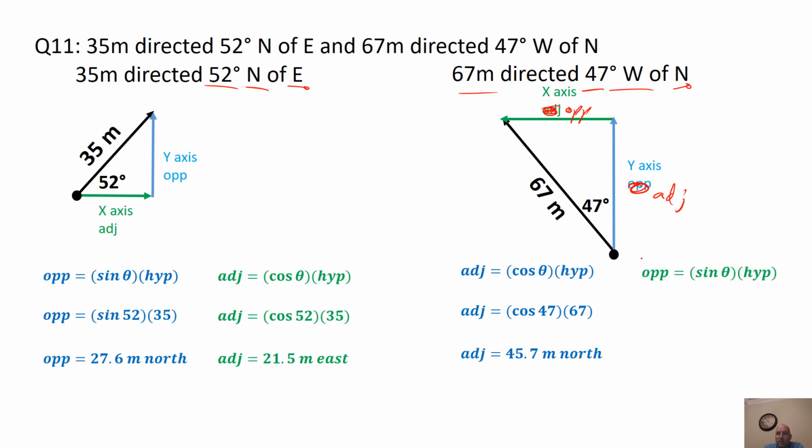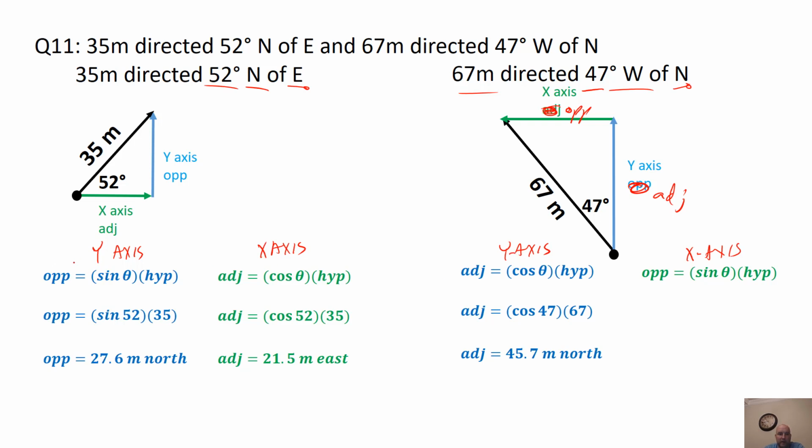Then over here, we're going to have the opposite side, and so we find the opposite side. Once again, this was a y-axis, this was an x-axis, this was a y-axis, this was an x-axis.